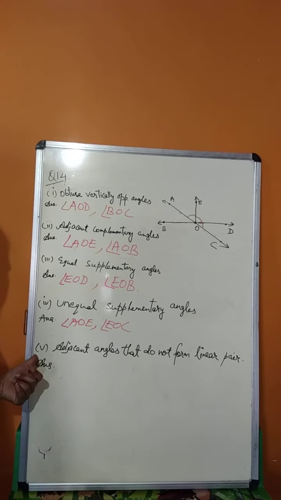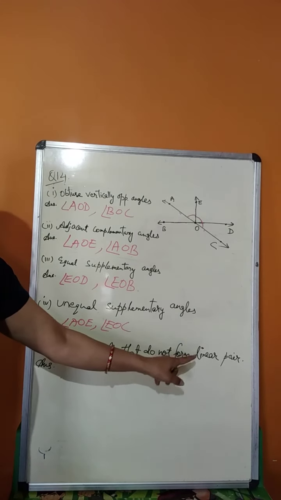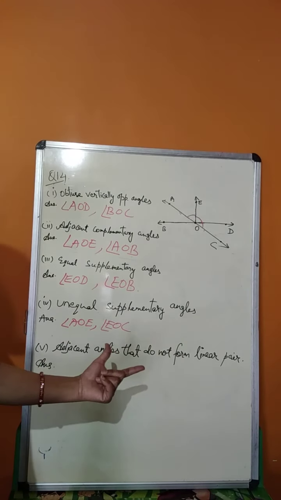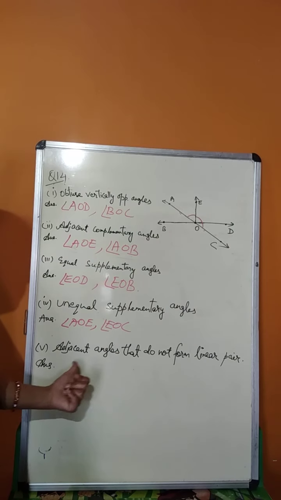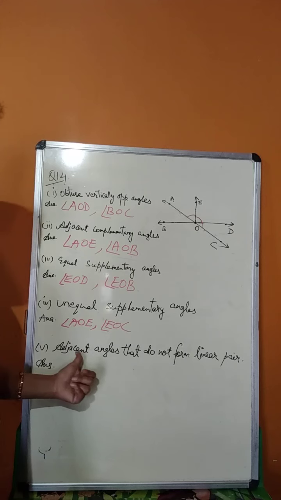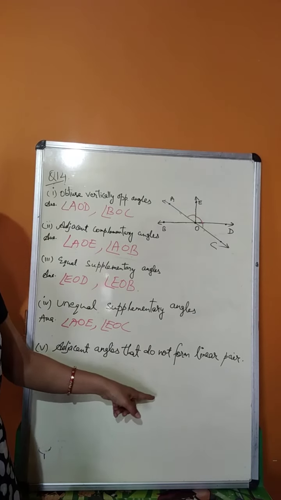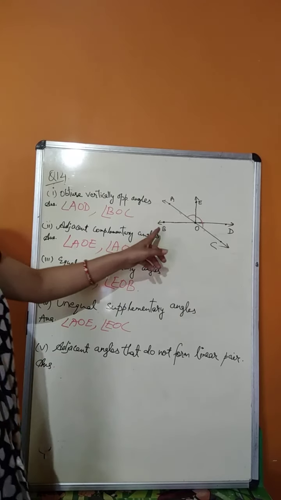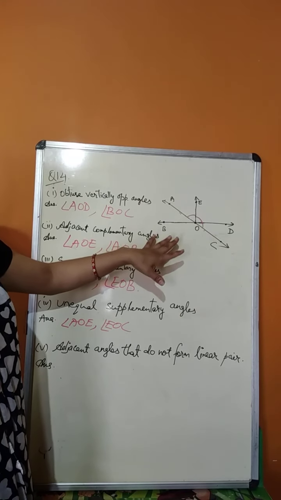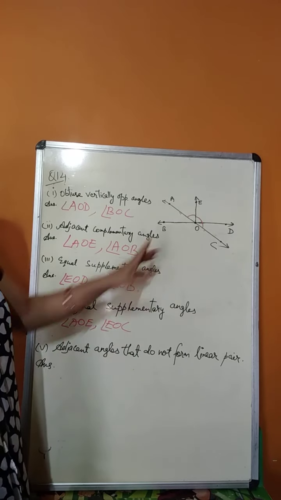Now next, number 5. Adjacent angles that do not form a linear pair. Linear pair means the sum should be 180 degrees. Here the angles should be adjacent but they should not form a linear pair. So we have to find adjacent angle pairs whose sum is not equal to 180 degrees.